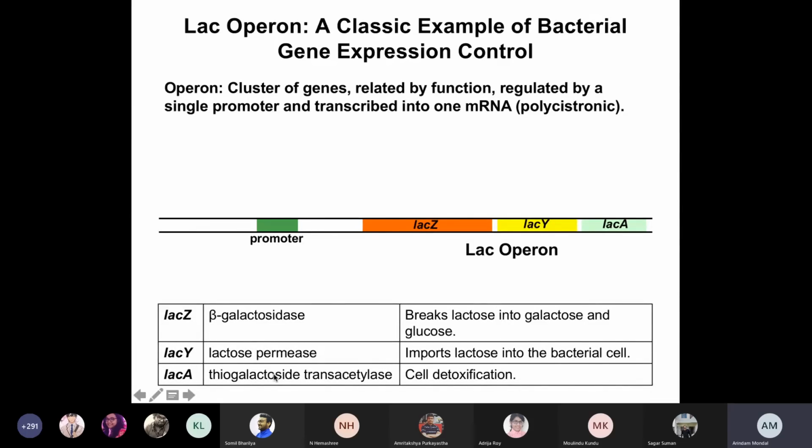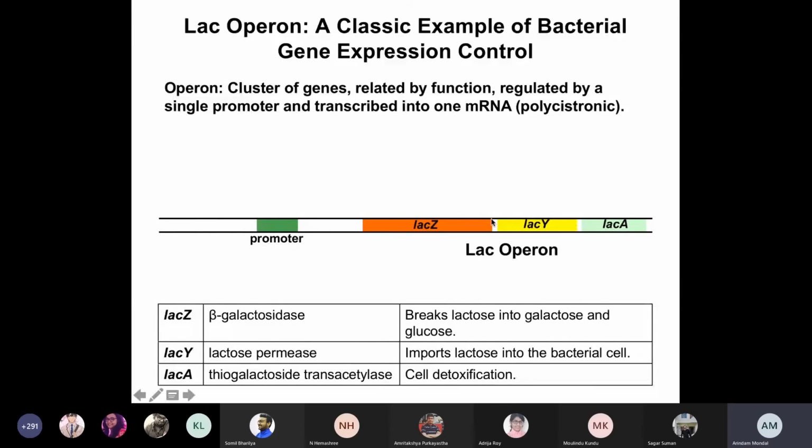During this process, some toxic material is generated, so the thiogalactoside transacetylase, LAC-A, is needed for cell detoxification. But let's focus on these two enzymes only.